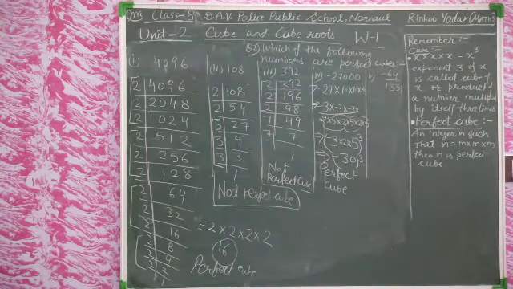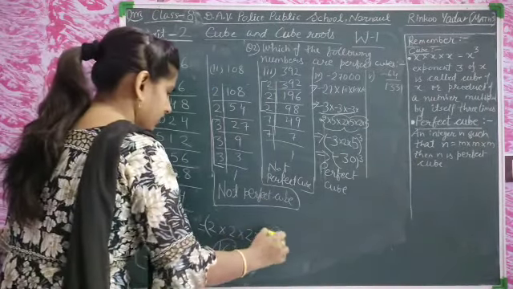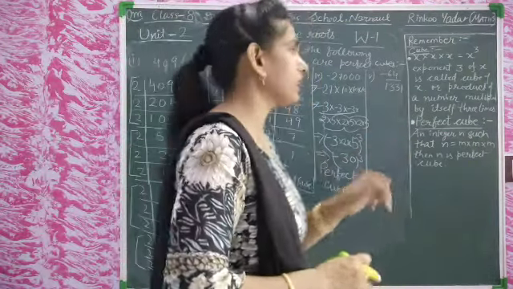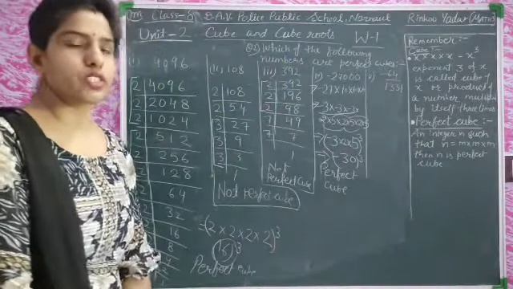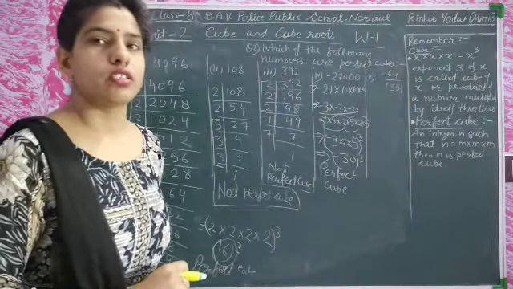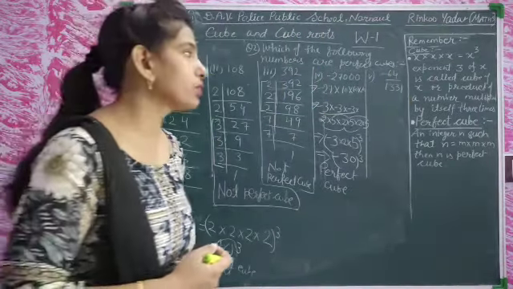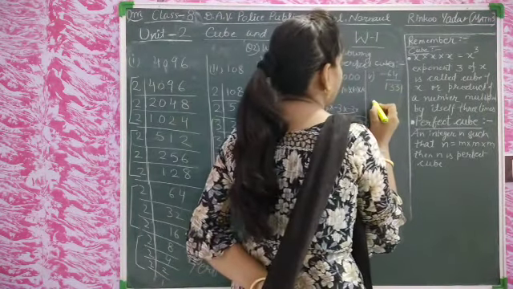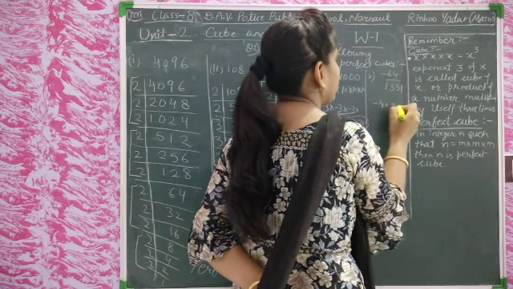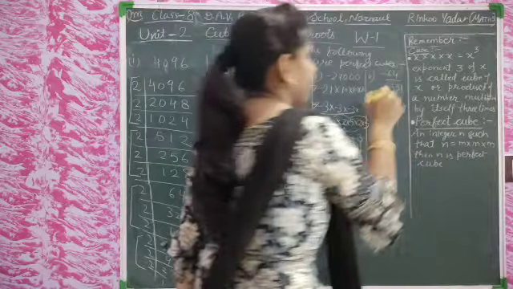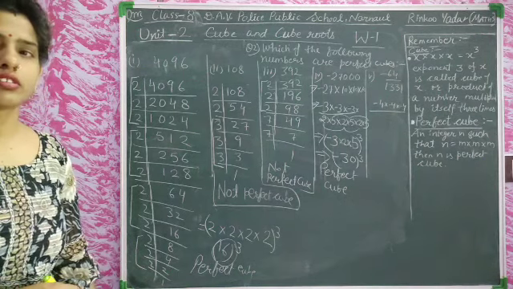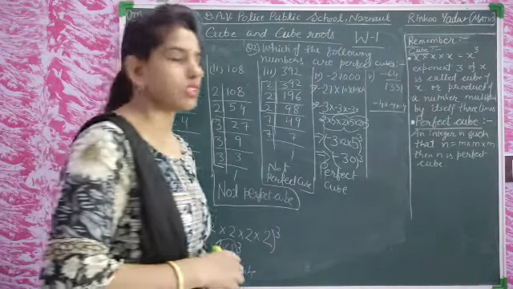Now we are doing the same like this. This is a cube. Now we will see the number minus 64 divided by 1331. Same, 64: whose cube is 64? It is minus 4 into minus 4 into minus 4, and for the denominator, which number?